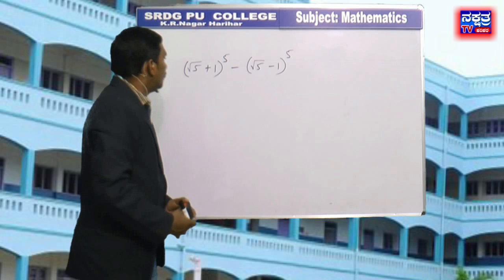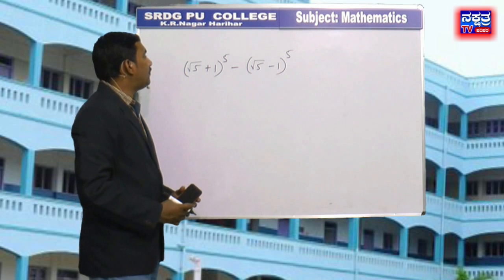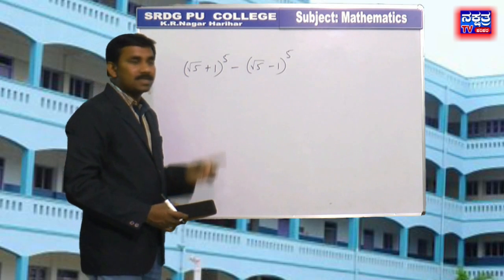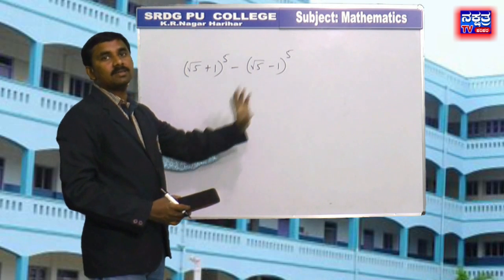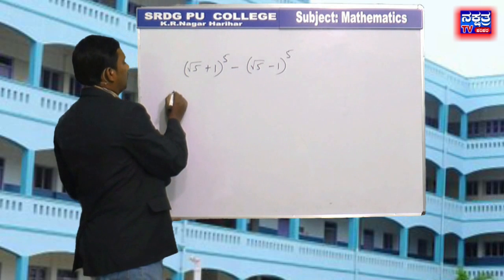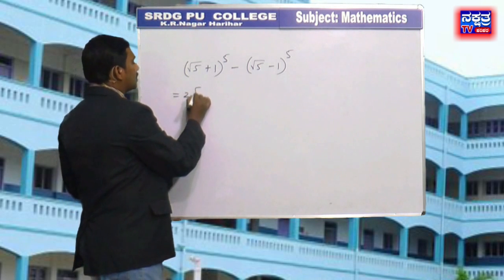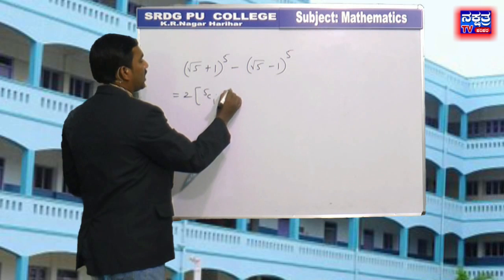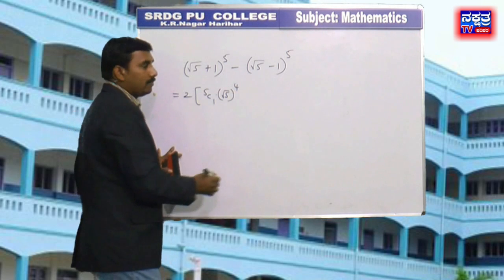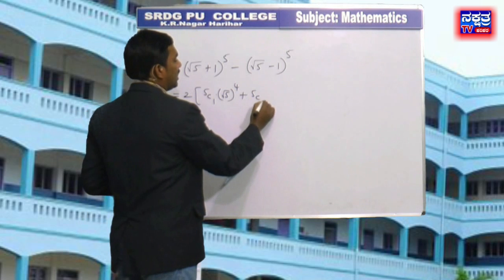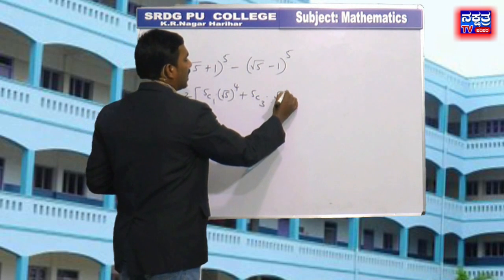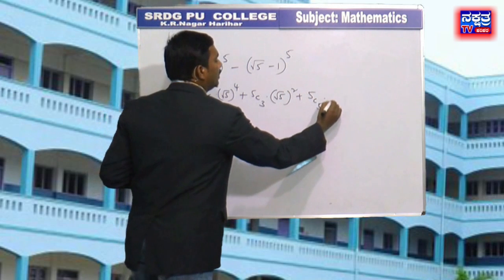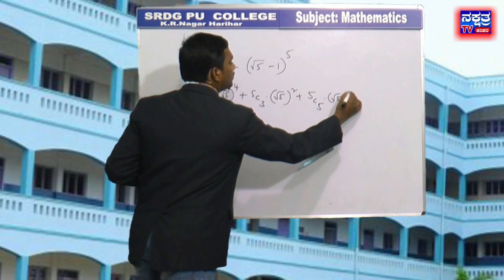Watch the board. See, the given expansion is (root 5 plus 1) whole power 5 minus (root 5 minus 1) whole power 5. It is in the form (x plus a) whole power n minus (x minus a) whole power n. Then we can write it as 2 times of 5c1 into (root 5) whole power 4 plus 5c3 into (root 5) whole square plus 5c5 into (root 5) whole power 0.